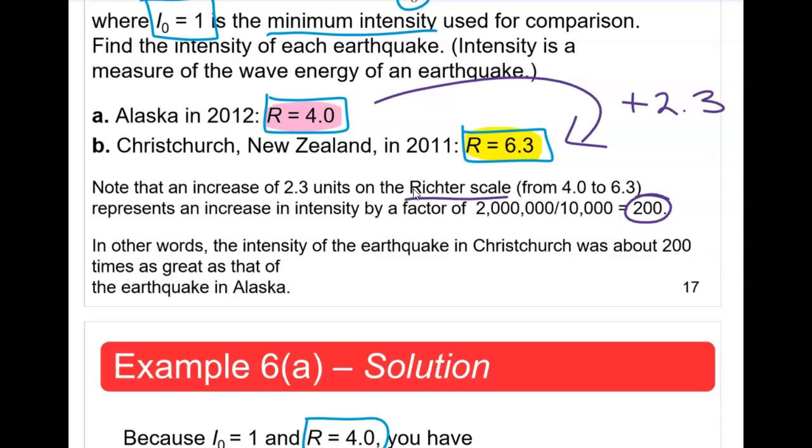Just because 4 and, let's say, 4.9 are not too far apart doesn't mean that the earthquakes are exactly the same. In other words, the intensity of the earthquake in Christchurch was about 200 times as great as the earthquake in Alaska. And this is the end of the video.